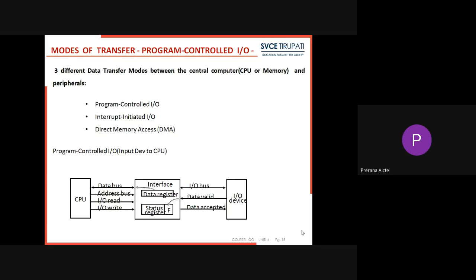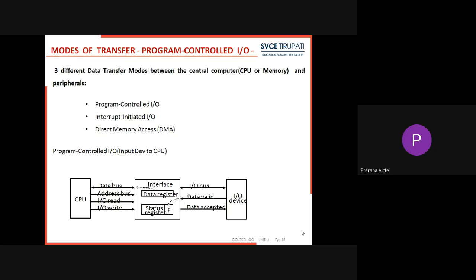For example, a program is written for the computer to check the flag in the status register to determine if a byte has been placed in the data register by the IO device. This is done by reading the status register into a processor register and checking the value of the flag bit.